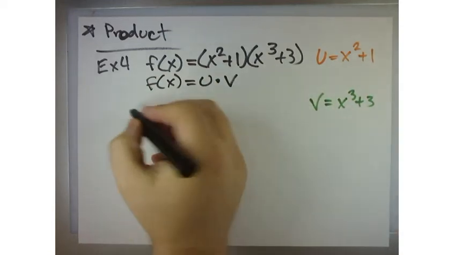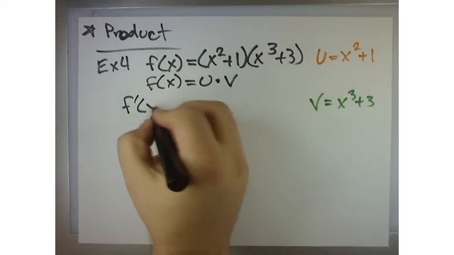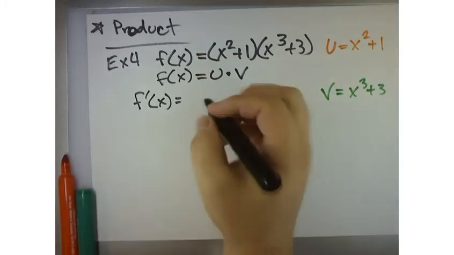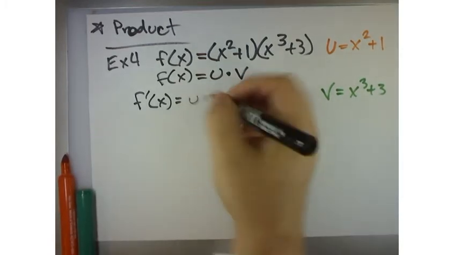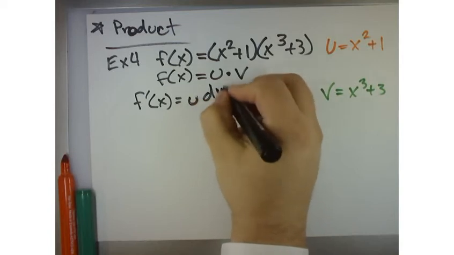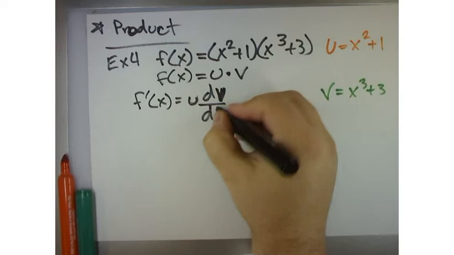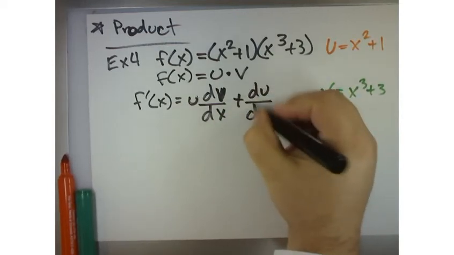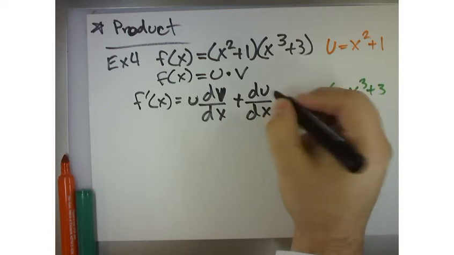So to find f prime of x, I need to write this down as u dv/dx plus du/dx times v.